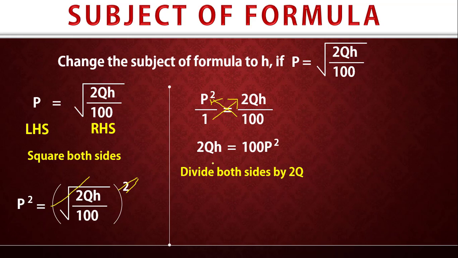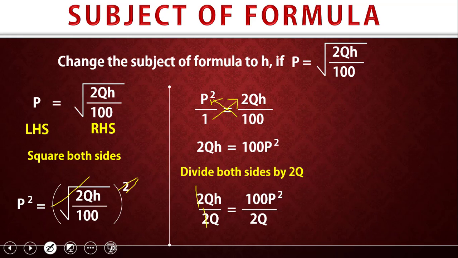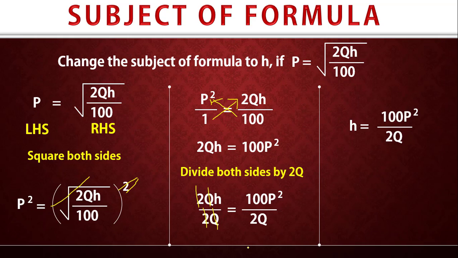When you divide both sides by 2q, 2q will cancel out at the left hand side, and then we have 2qh over 2q at the left hand side equals 100 p square over 2q. That means 2 cancels 2, and q cancels q, and what we have left at our left hand side is h, and at the right hand side is 100 p square over 2q. So we have h equals 100 p square over 2q.